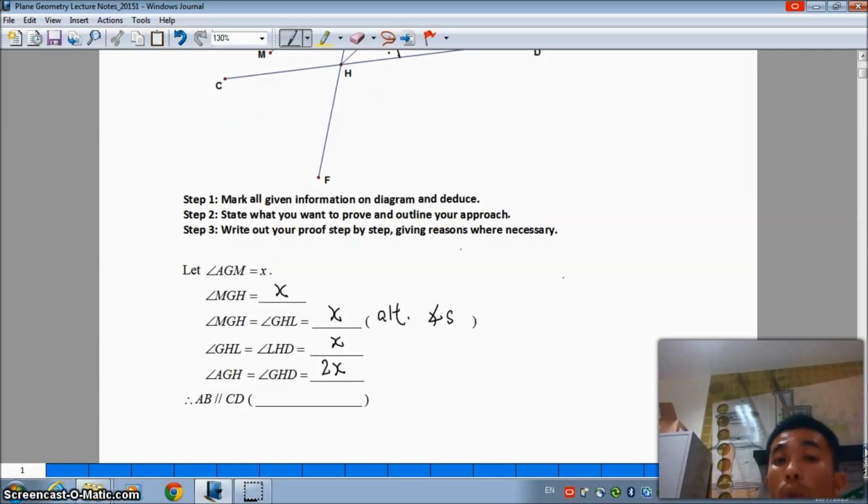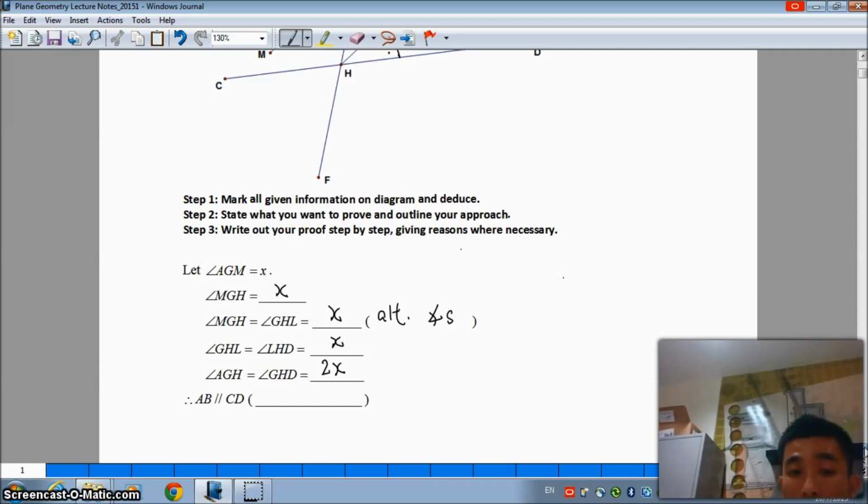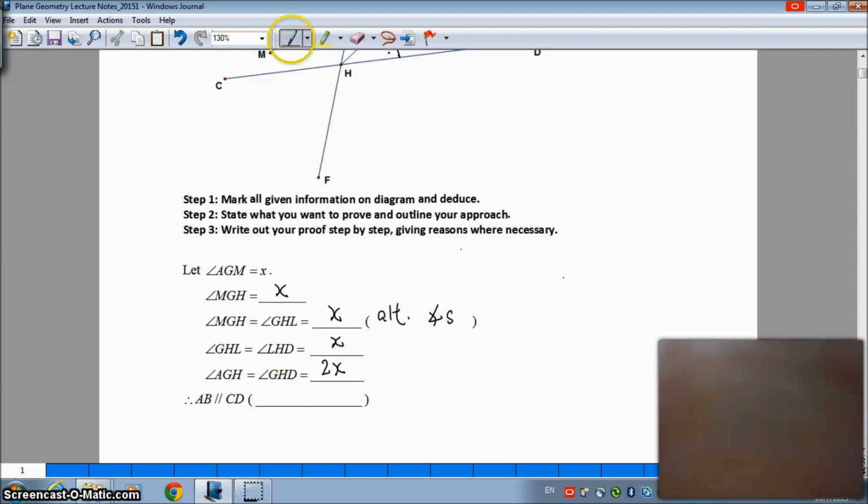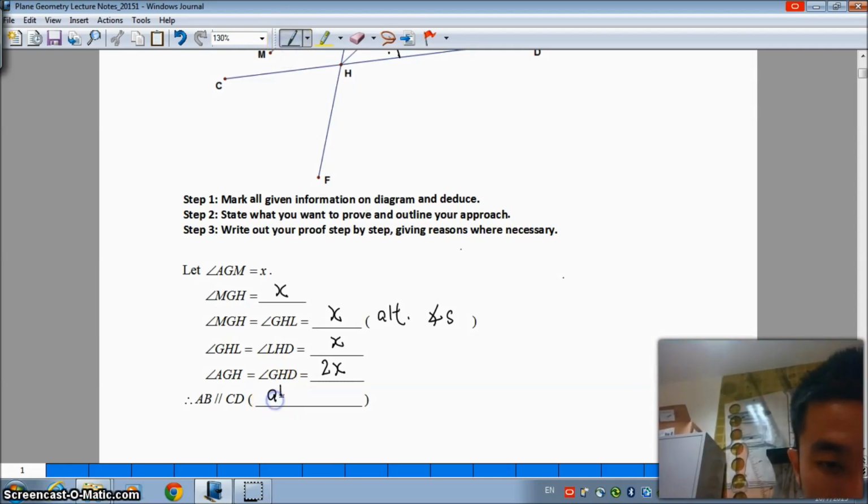Reason being, when those two angles are equal, I'm also making use of the concept of alternate angles. And there you have it. The first question is neatly done. Okay, let us move on to the next question.